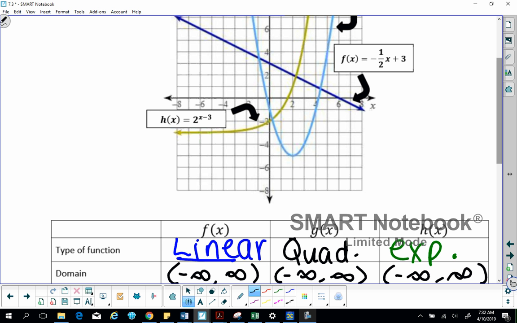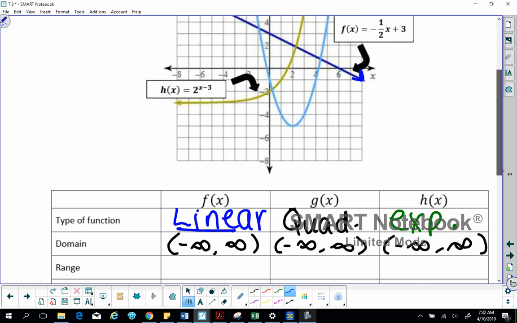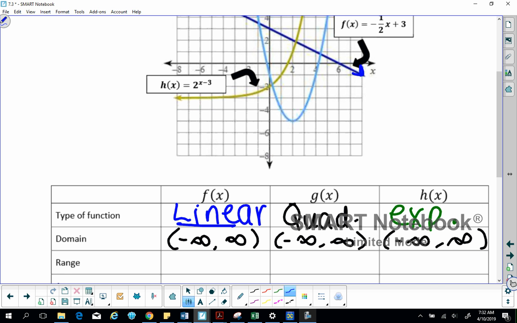Now range is going to be a little bit different. Range is bottom up. Now let's look at the linear one first. If it's going down forever and ever and going up forever and ever, what's that linear's range going to be?